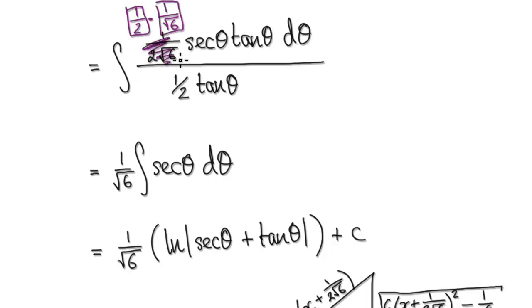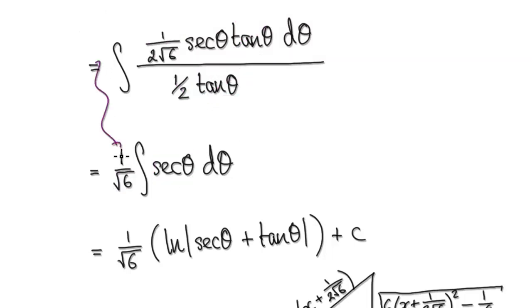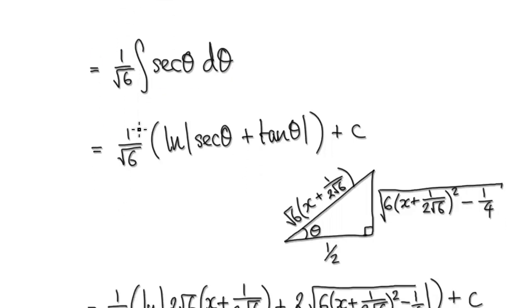So now you can see that this is exactly the same as this. So these two will cancel out. This thing here is a constant, so you can take it outside here. And then your tan theta will cancel out this tan theta. That will just give you secant. So after all that, it boils down to this. So now it's just a matter of integrating secant theta.